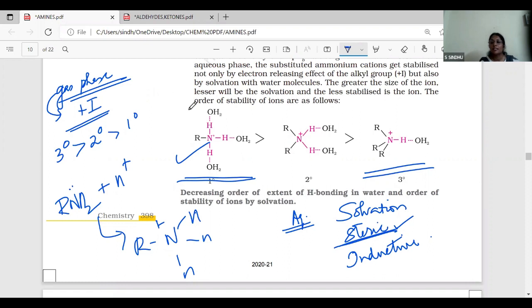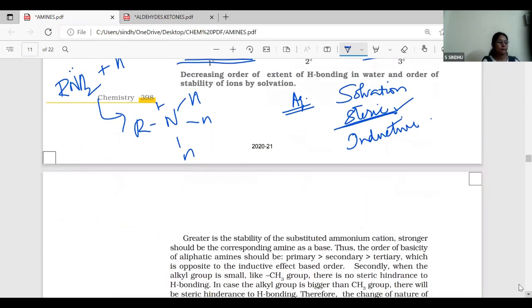So based on this, when we talk about the preference or the order of basic character for methyl substituted amines, what will be the order?